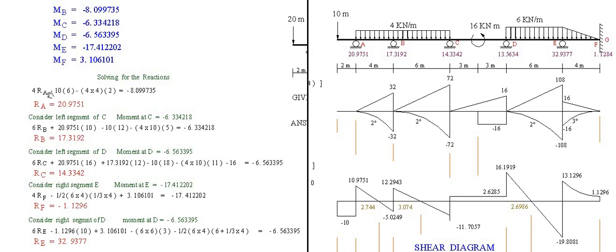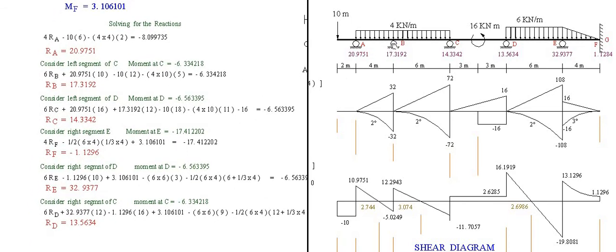Then this is the moment on the left. Moment on the right is -809973. We have one unknown RA. Solving for this using calculator, RA is 20.9751. Okay.